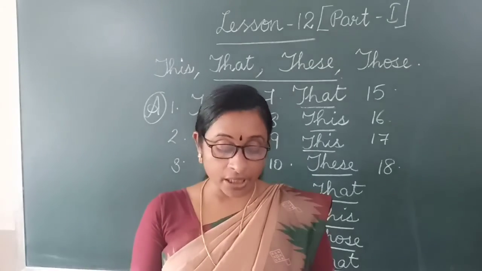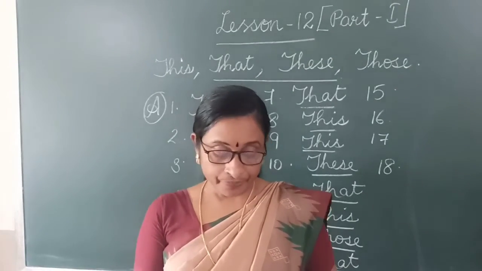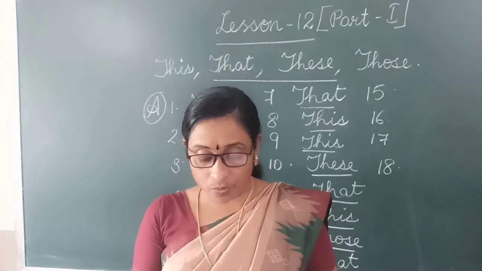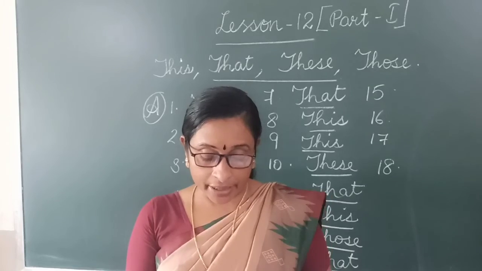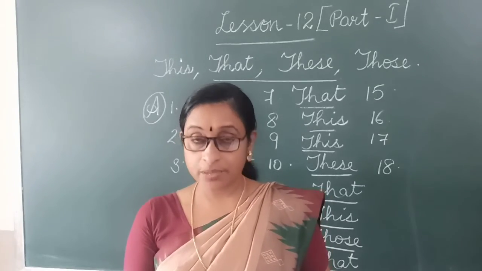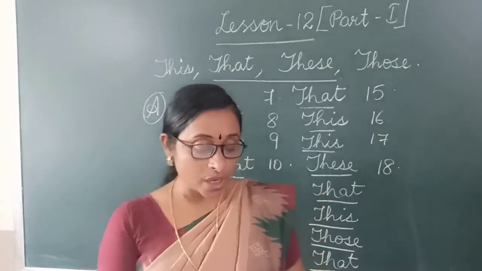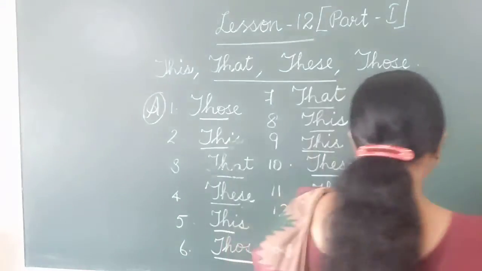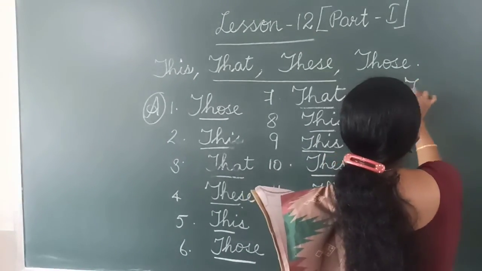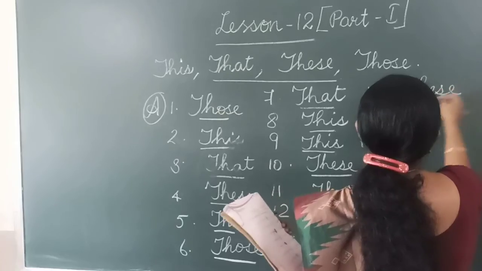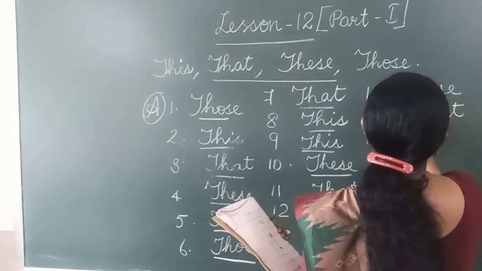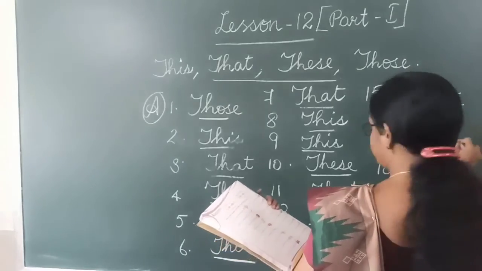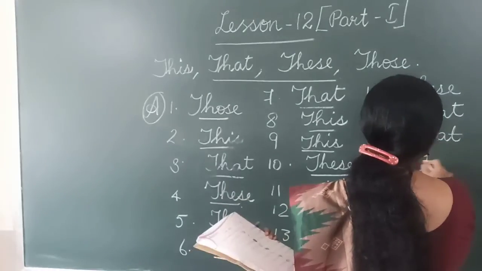There is a pointed finger, so we have to write that. Next one, dash is a maths book. Again, that. Dash chairs are broken. Those, because the pointed finger is there. So complete this, children. Number 15, these. 16, that. 17, that. And 18, those.